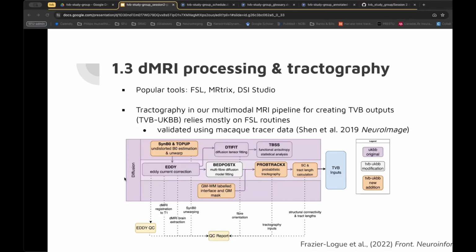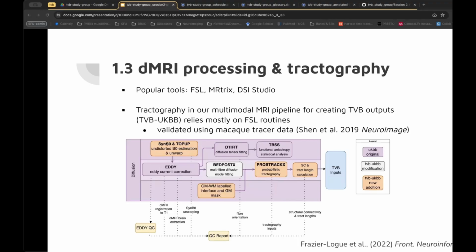And what we've grabbed from here is just one figure from the pipeline paper. I think this demonstrates a fairly generic set of steps you would do, whether you're using MR-Trix or you're using FSL for processing diffusion images. You do some kind of, this is kind of equivalent to motion correction, so eddy current correction and artifact correction.